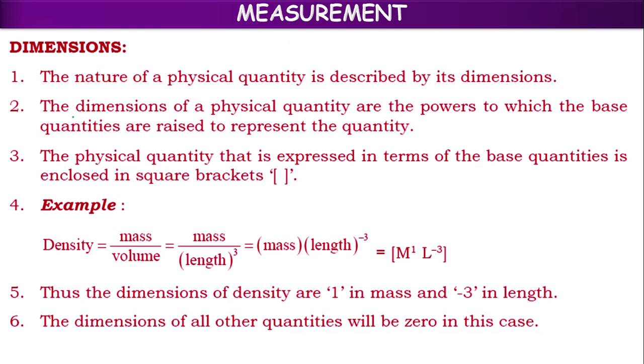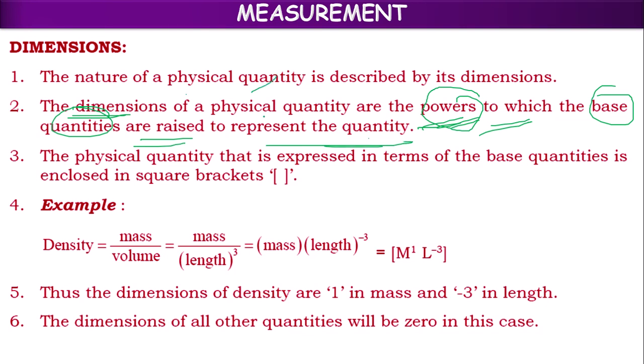Actually, these dimensions are the powers. They are the powers to which base quantities are raised to represent the given physical quantity. So dimensions are the exponents to which base quantities are raised to represent the quantities.